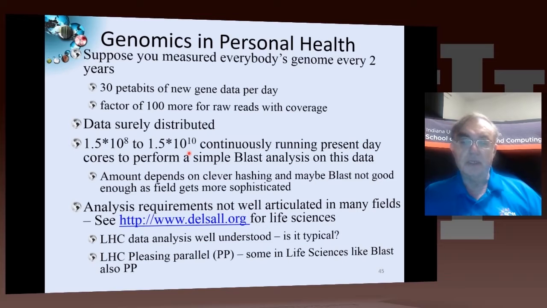Just taking all this data and running simple BLAST analyses, it's a little unclear exactly how much it takes, but up to a billion cores might be needed. Actually, the estimate is 15 billion cores might be needed to run BLAST on this data. So that's quite a lot.